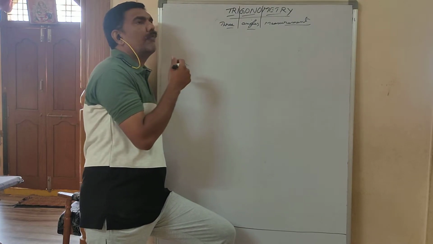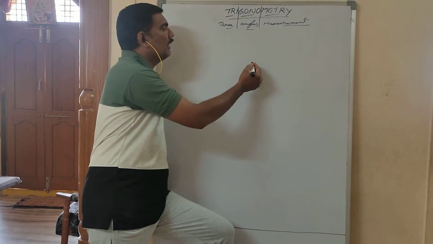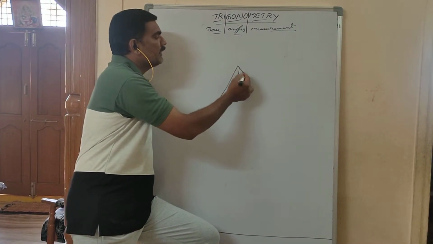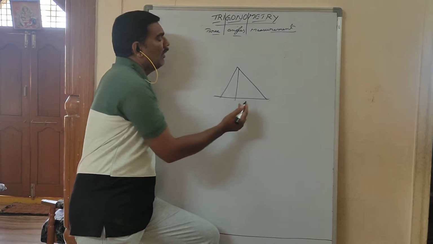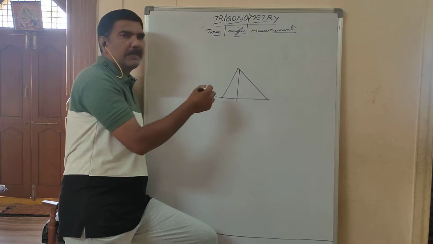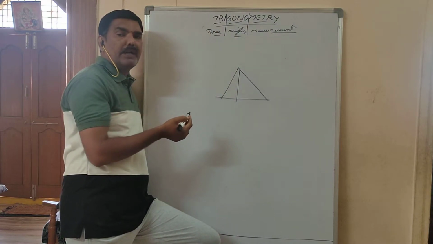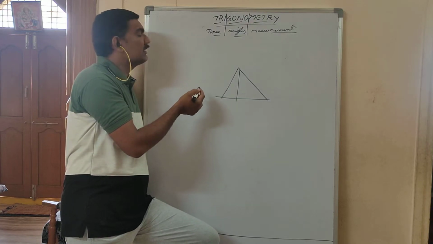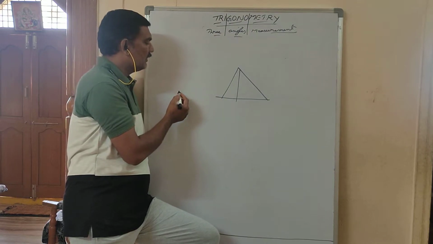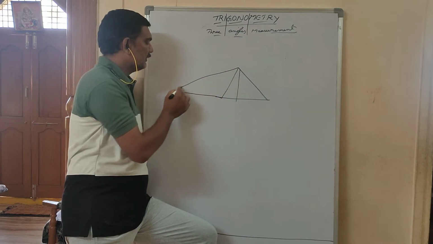Trigonometry is having a wide range of utility. Nowadays, if you want to find out height of the tree or height of the mountain, which is not possible to measure by using tapes or anything, by using this trigonometry we can find out heights of mountains, heights of trees, etc. So how, in the sense, we will come to know in the next class.